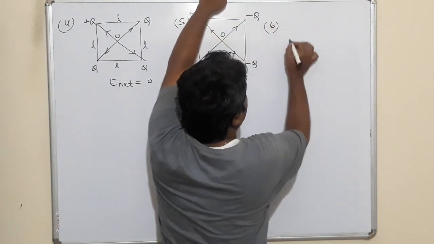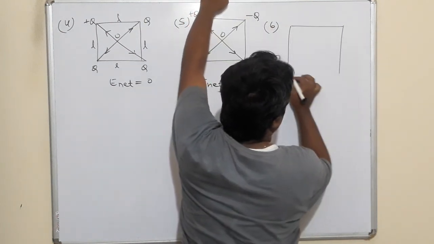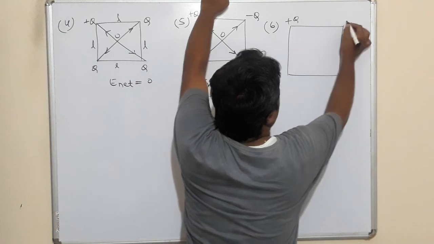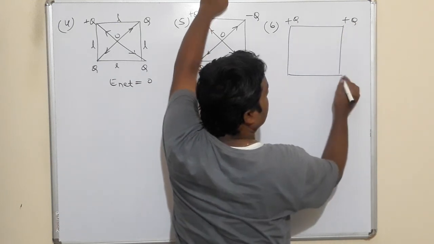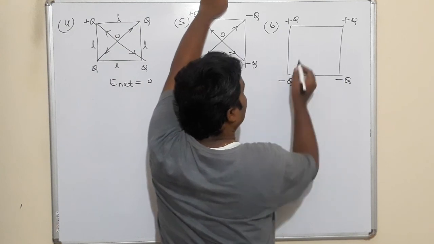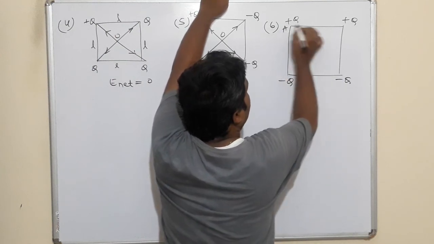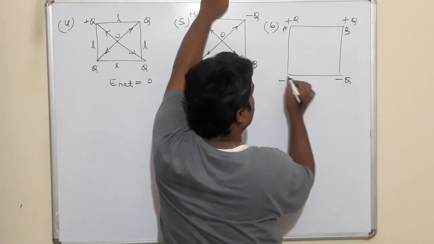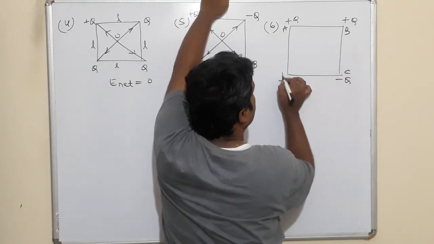This is C. This is plus Q, this is plus Q, this is minus Q, this is minus Q. Then this is A, B, C, D.